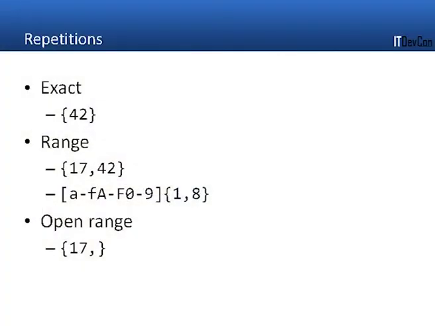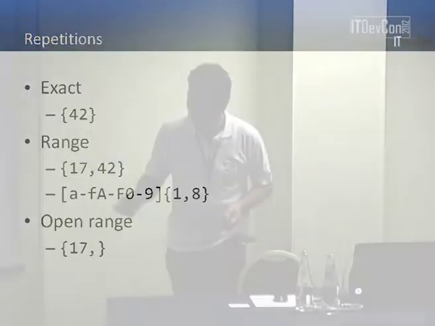If I say a hexadecimal character class {1,8}, this means from 1 to 8 occurrences of this hexadecimal number. Or I can say at least 17 and however more. There are 3 possibilities: exact number of repetitions, range of repetitions, or open range.